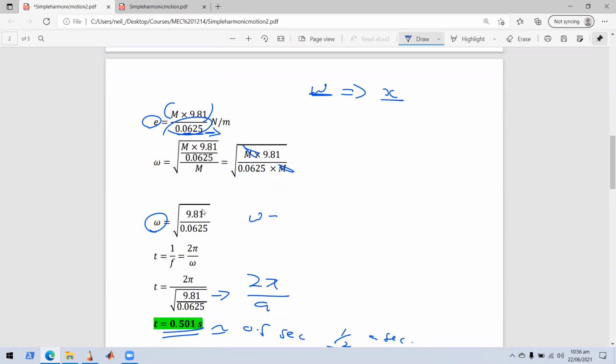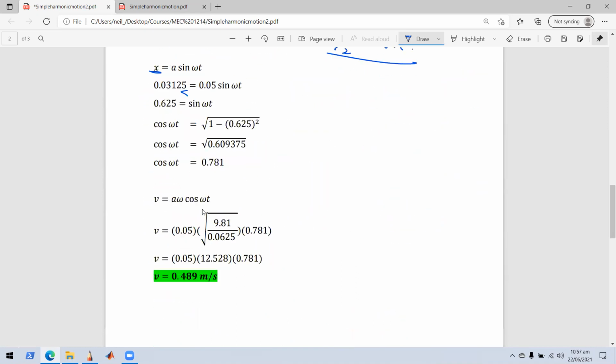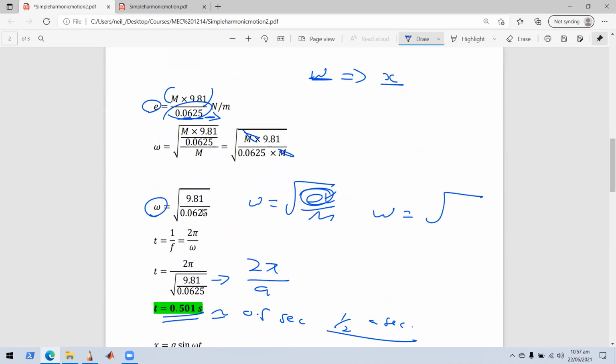Remember, omega is equal to e over m. E is not changing, as long as we're using this particular spring. Remember, what did we break it down to?